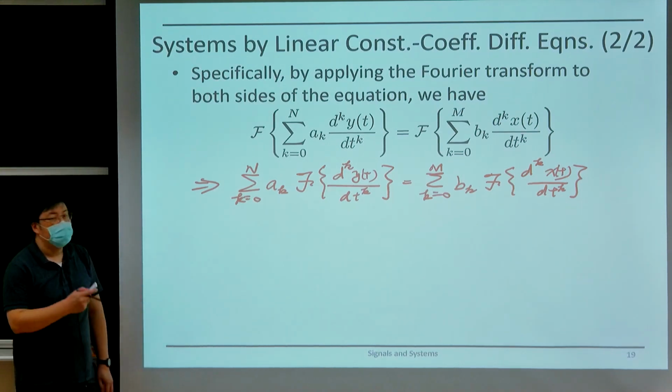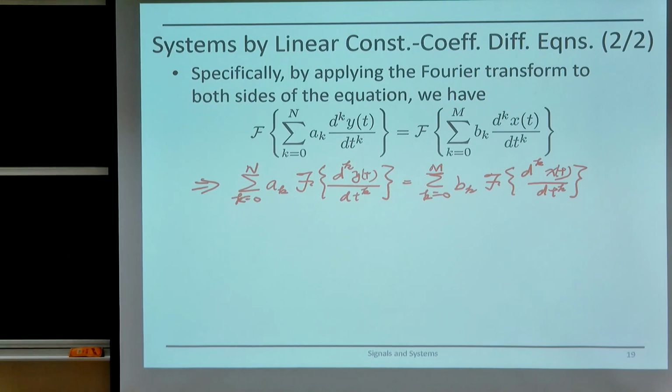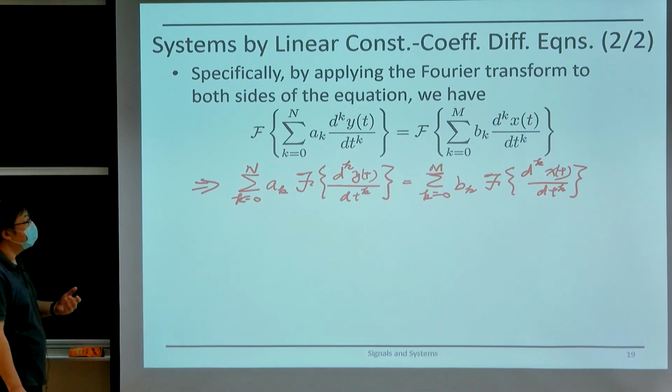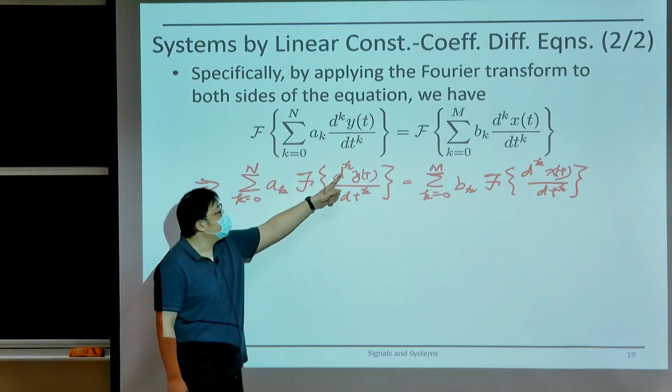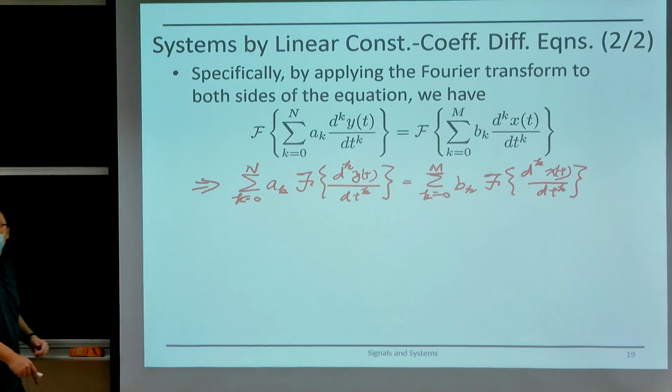Now, by the differentiation property, we know that every time we take a derivative, the frequency domain has an extra j omega in the front. And you can extend this to any order of differentiation. So if you have k derivatives, then you just apply this k times.